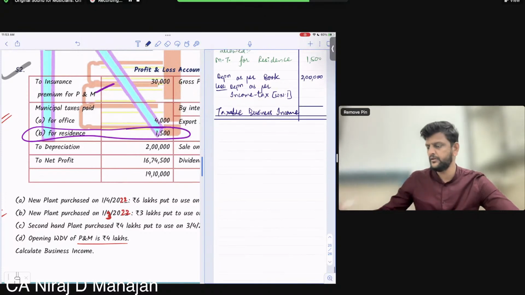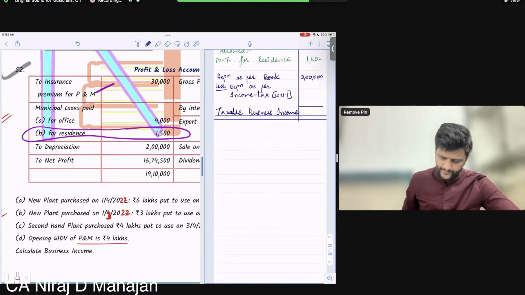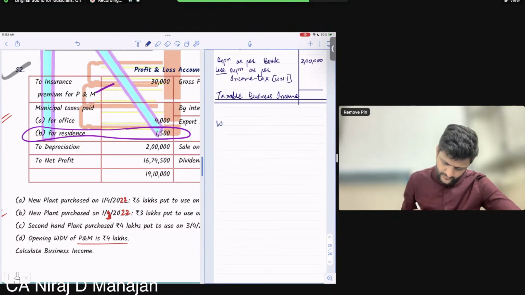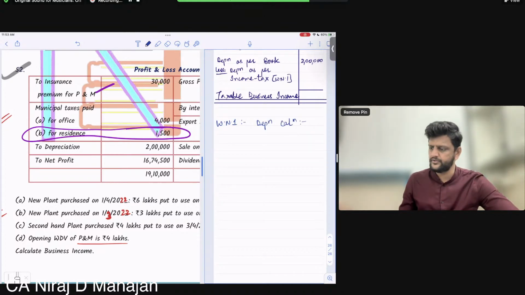Ready? So what do we have to calculate? Your income tax. So write down working note 1: Depreciation calculation. Okay. So particulars.